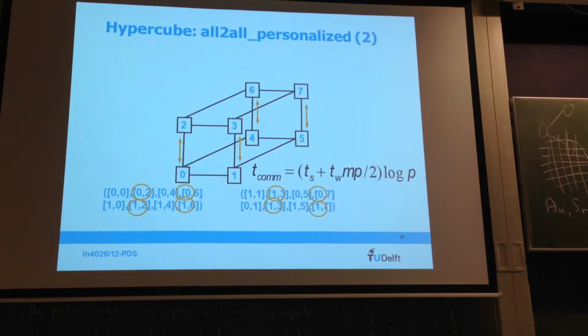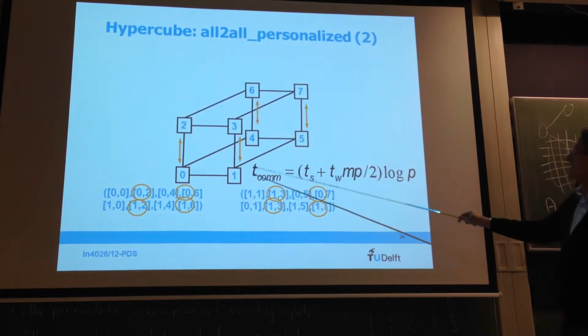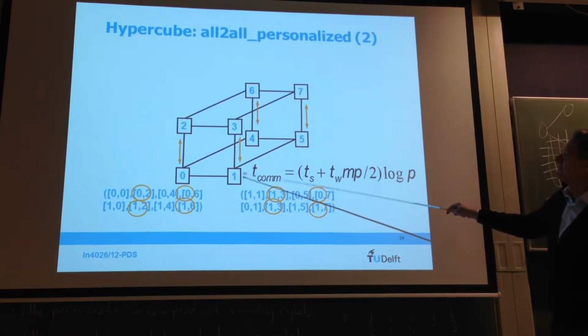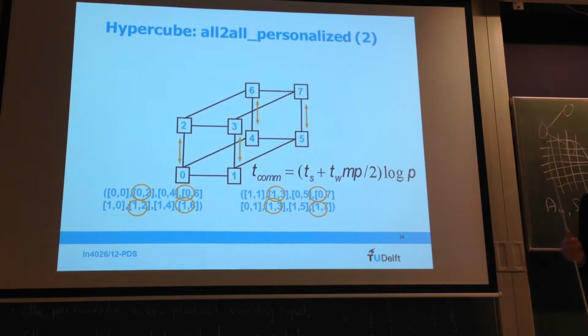And here again is the question, can't we do better? Because what you see here, for instance, is that in this second step you do not use these links, right? These links are not used at all, so you basically waste communication capabilities in the system.